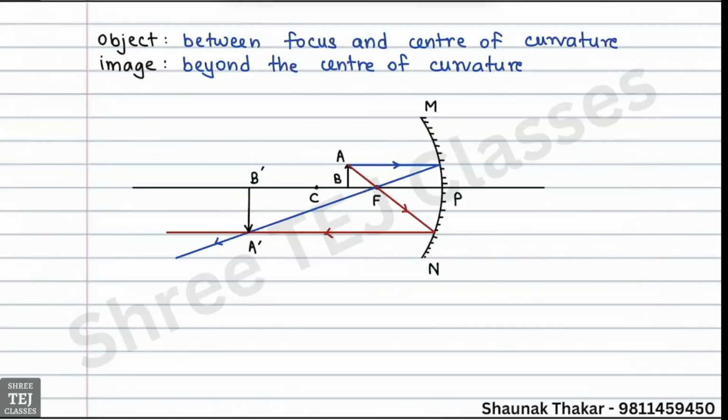What about the nature? Nature of the image is inverted and real. And final point about the image, what is the size of the image? We can clearly see image is larger than the object, hence we call it magnified.